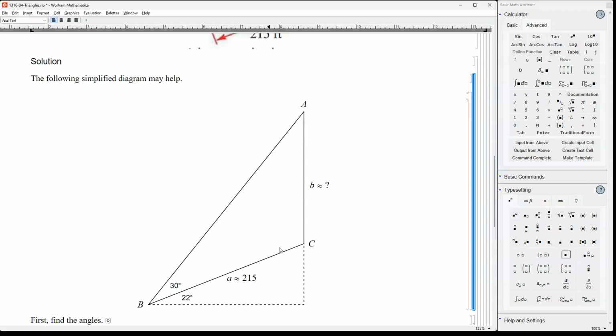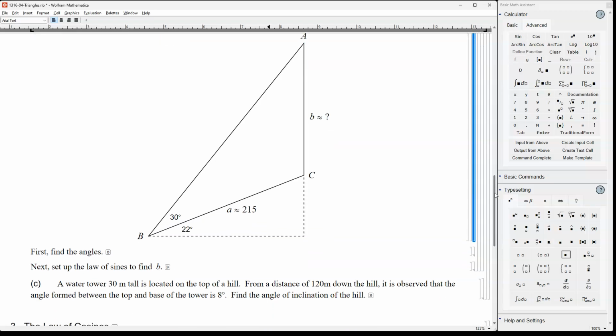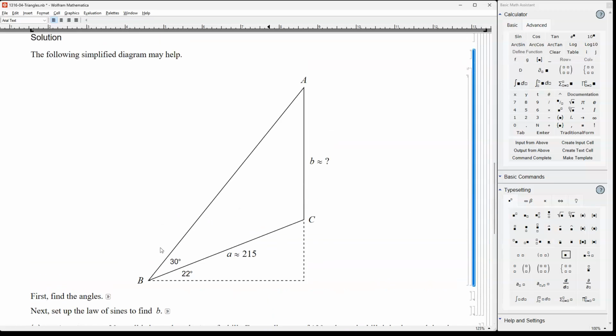So we have an obtuse triangle, and then we can consider imaginary lines on the ground. So okay, we can extend this horizontal on the ground. We can extend this vertical along the tree on the ground, and we have these dotted lines. And then let's see, total 52 degrees here and 22 degrees here.